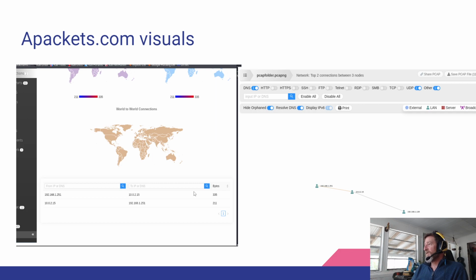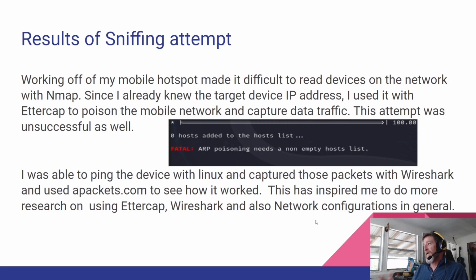It'll show you the graphs and everything, some more visuals. It'll tell you all the connections made, and this little shot here is from my hotspot, and then that is the Kali Linux, and then this one down here is the actual target device, the phone that I was pinging at the time, or trying to receive network data. So basically, in a nutshell, a couple of my attempts were unsuccessful.